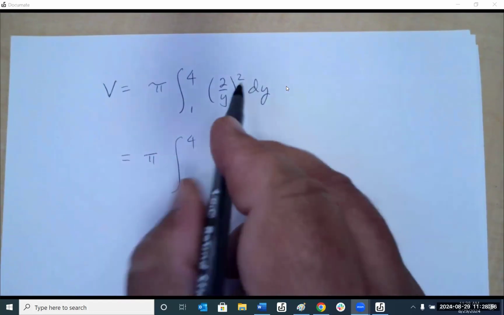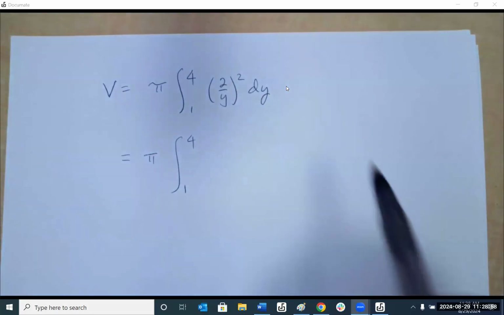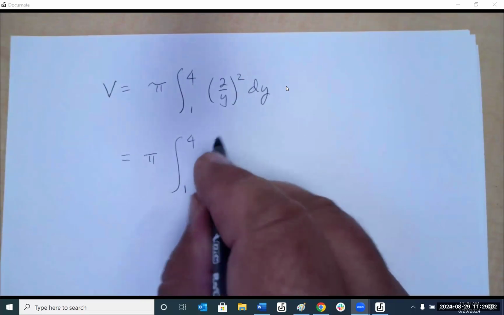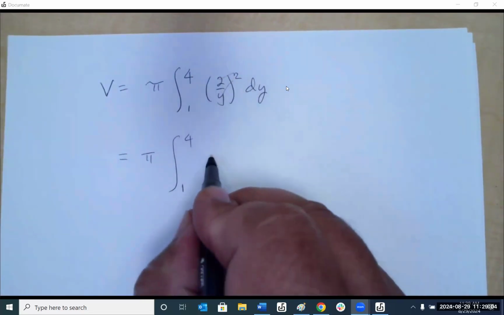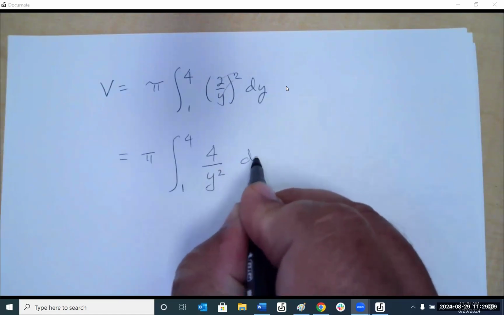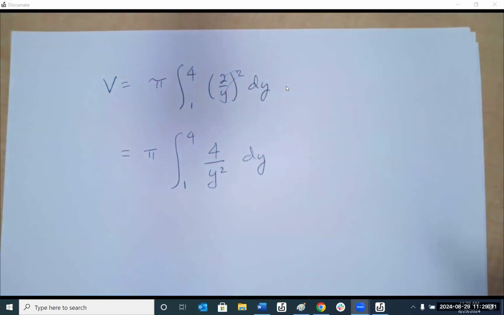Okay, we have to set it up first. So this one becomes what? Get rid of the square how? Distribute. So it's 4 over y squared dy. Then what do I do?